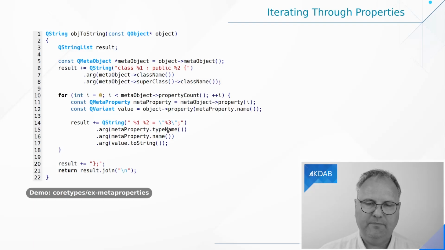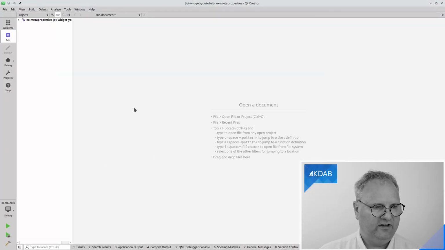Its type name would be QString, or bool, or whatever it was. And meta property dot name, that's the same you saw up here, so that's the name of that meta property. And then value dot toString, that's the value I got from calling this. I'll append the closing brace, and I'll return the whole thing joined with \n.